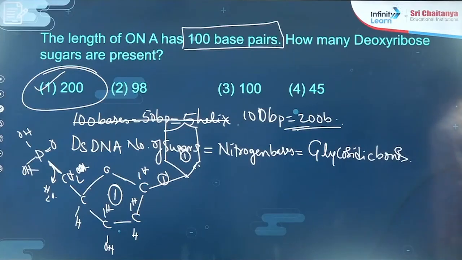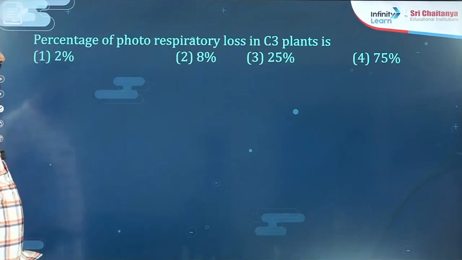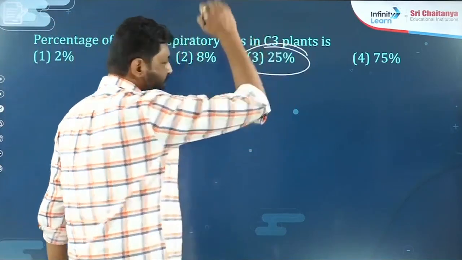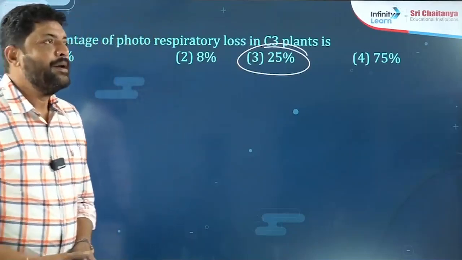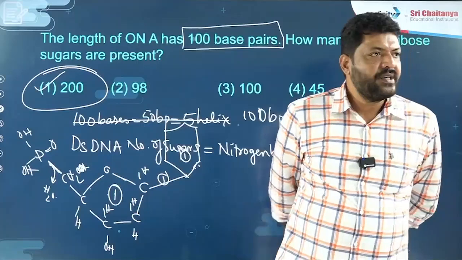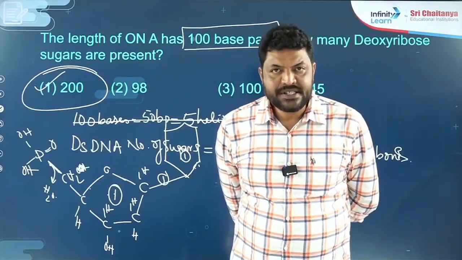Are you getting me? The percentage of photorespiratory loss in C3 plants, of course, is the last slide left in yesterday's class, that is 25%. Leave it aside. So this is all about numerical questions on the molecular basis of inheritance.